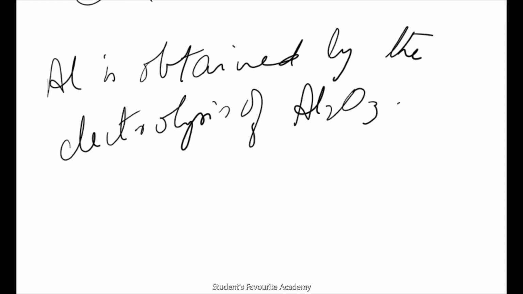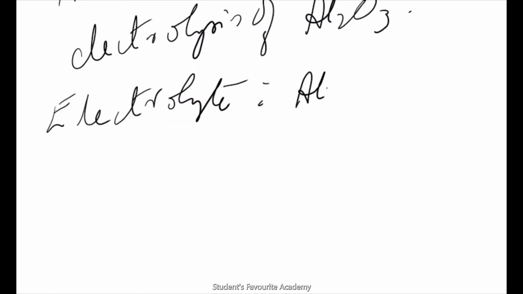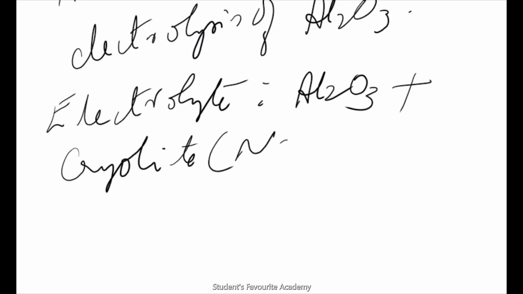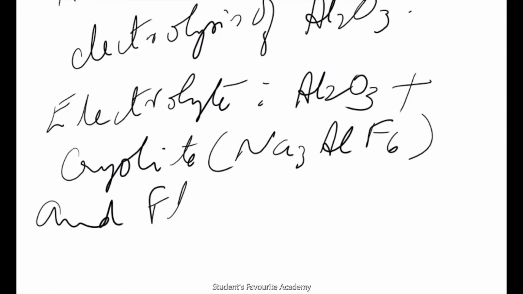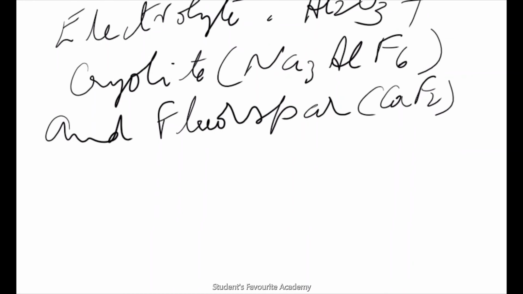The electrolyte is aluminium oxide, Al2O3, plus we use cryolite, that is Na3AlF6, and fluorspar. Why we use them, we will learn in detail in the metallurgy of aluminium in the metallurgy chapter.